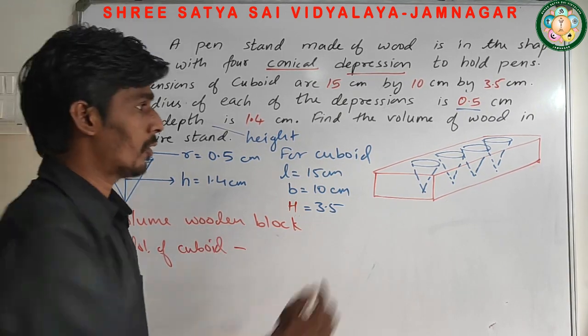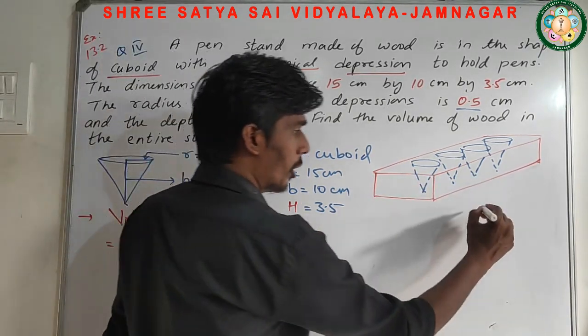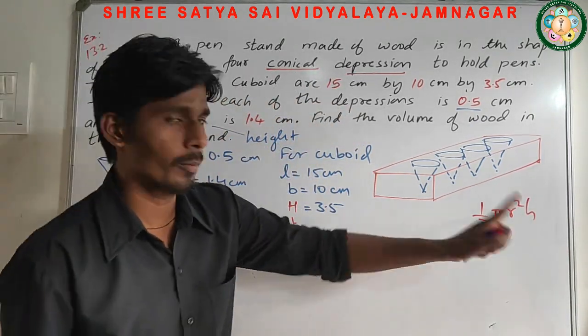minus, how many cones are there, children? 4 cones are there. What is the volume of one cone? The volume of one cone is 1 by 3 pi r square h. This is the volume of one cone.